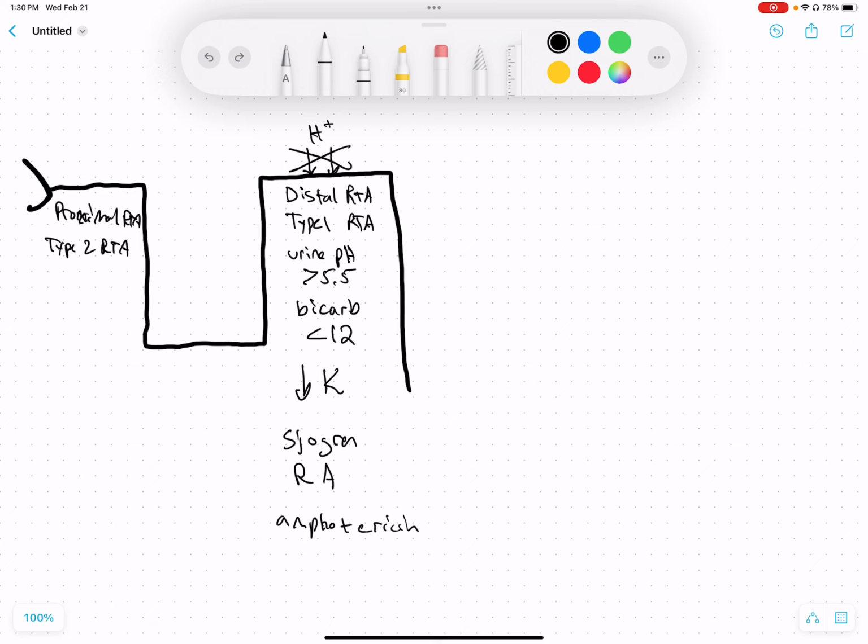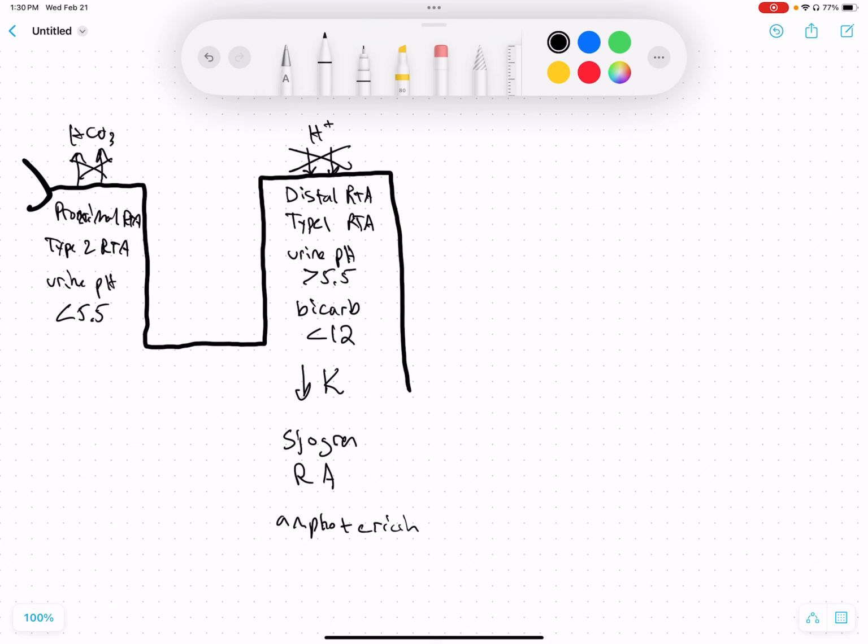So, unable to reabsorb bicarb. This process is not working. Things to know about this, it's early on in the tubule system, and so the kidney can compensate. The urine pH will be less than 5.5.